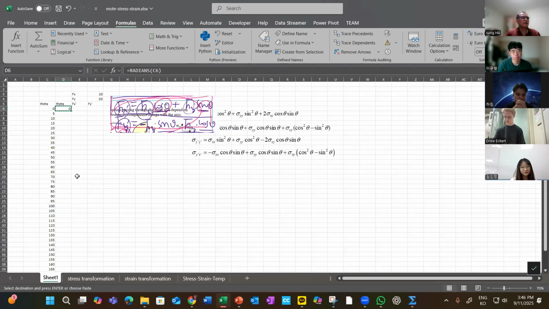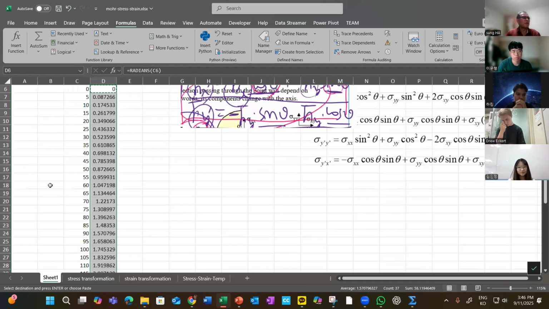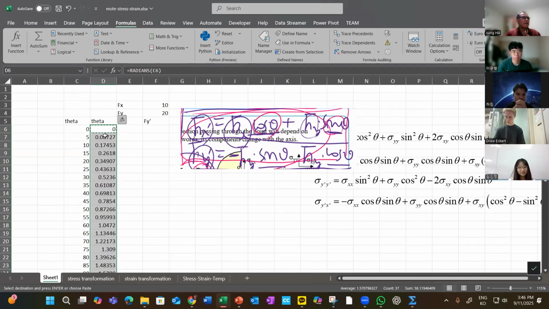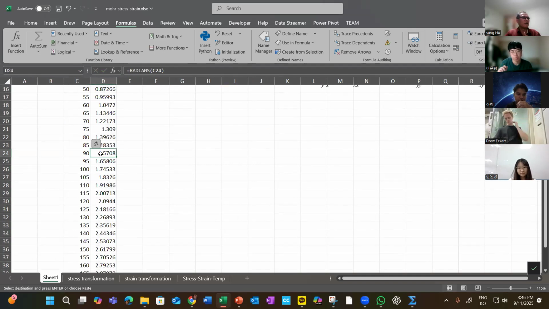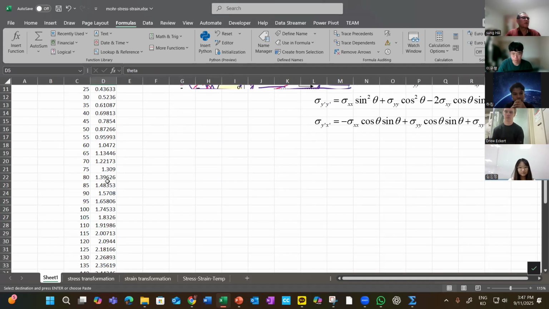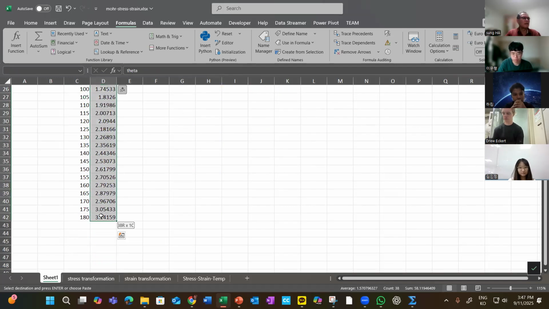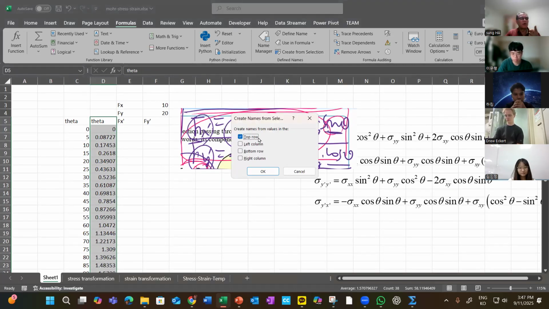So copy and paste up to here and give all the angles in radians. As you can see, 180 is pi, so 3.14. Okay, this is nothing but the radian. And then I will call this guy theta, create from the top row, theta will be the name.